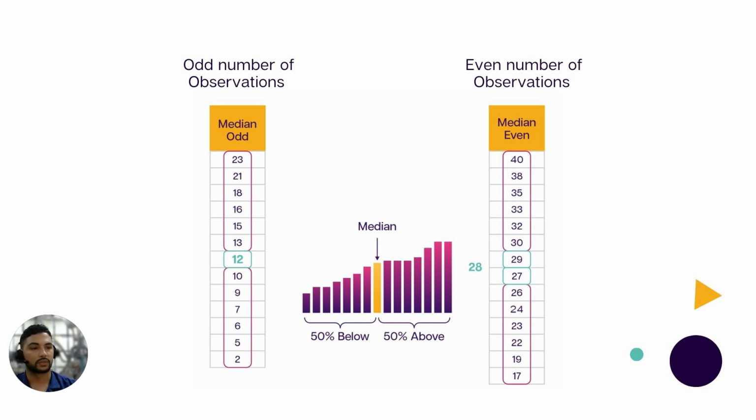Now there are two ways to calculate this. If we have an odd number of values in our data set, it's easy to find the middle value. But if we have an even number, we find the two middle values, add them together, and divide by 2. And that will give us 28.